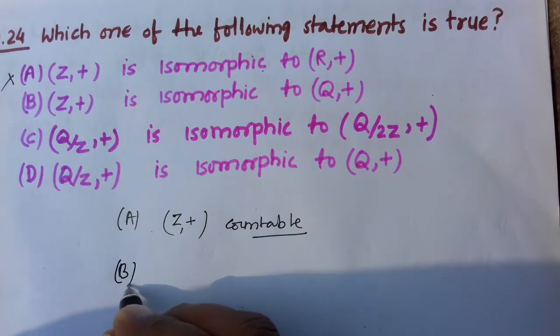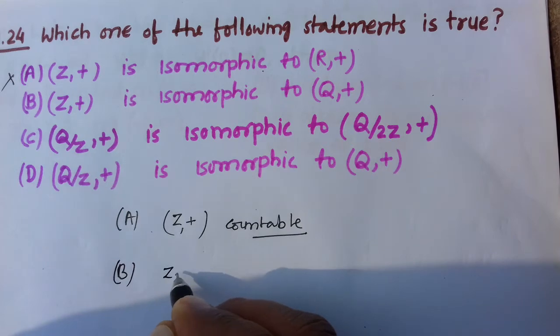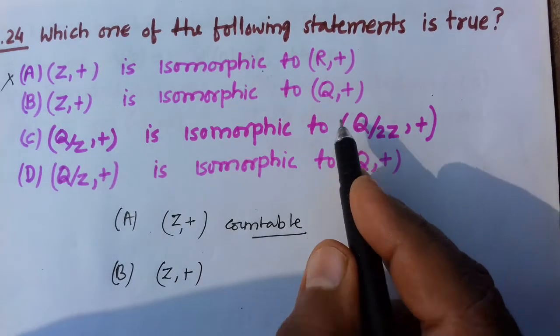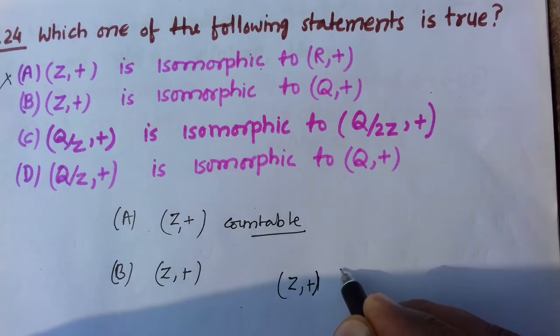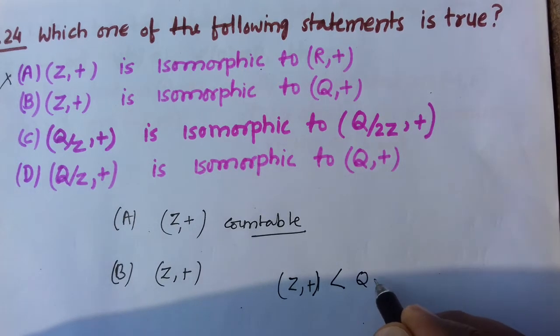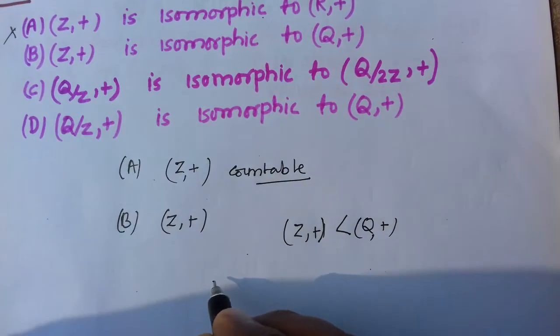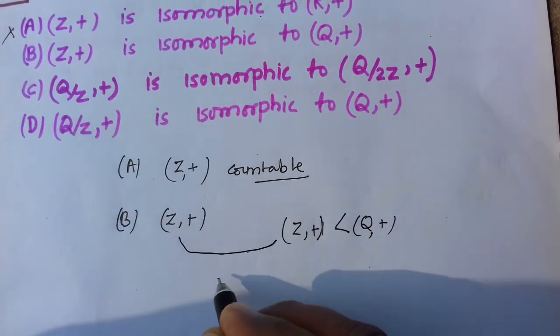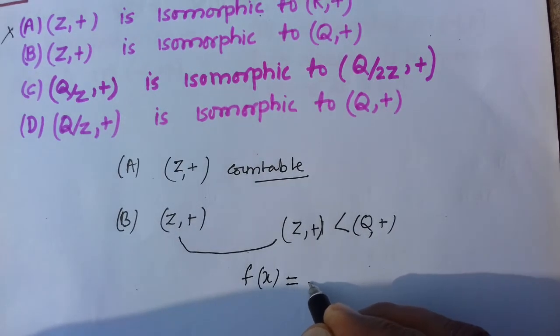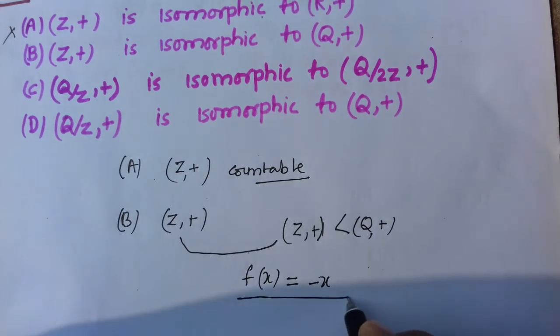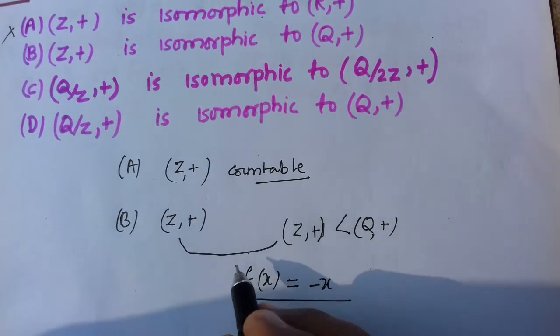In B, you see Z plus, and here you see Q plus. You must note that Z plus is a subgroup of Q plus, and you also observe that these two are automorphic according to this relation.